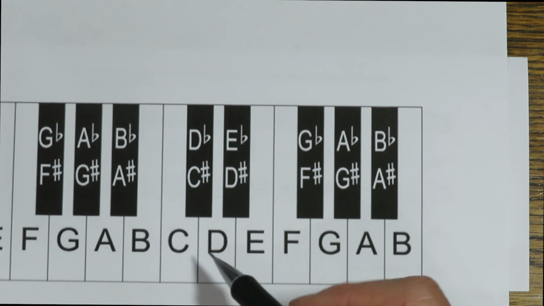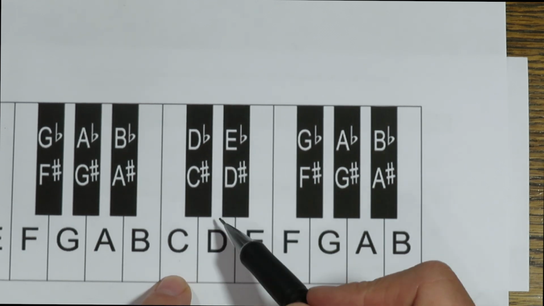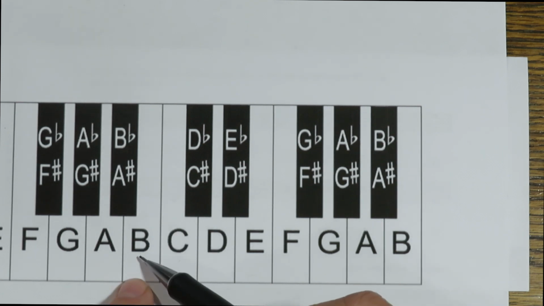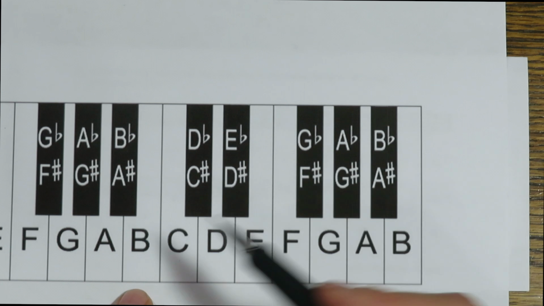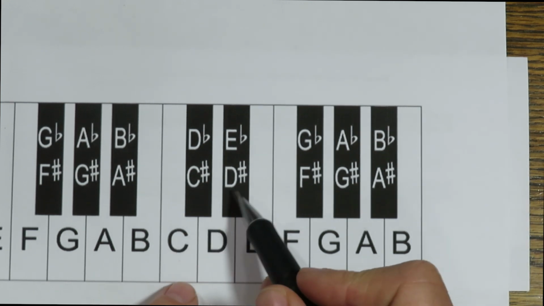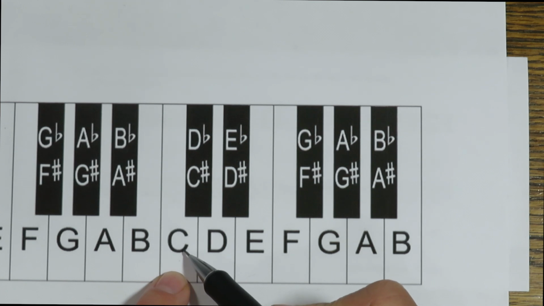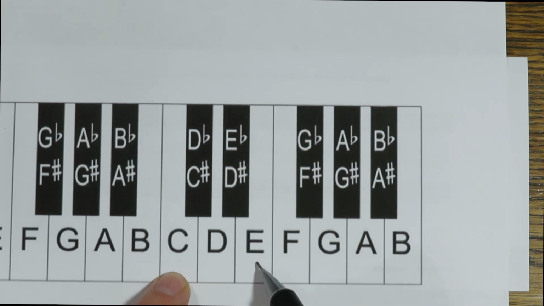So we want to make the C into a C flat. So this is now, the B becomes C flat. Okay, so C to E flat is a minor third because C to E is a major, right?